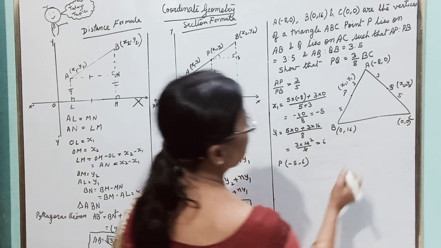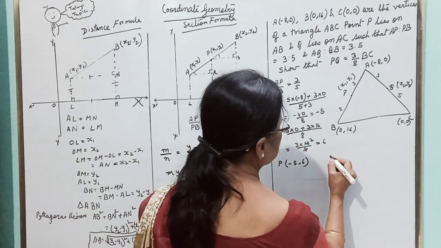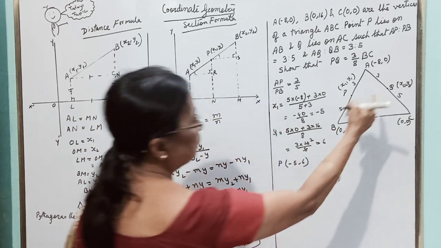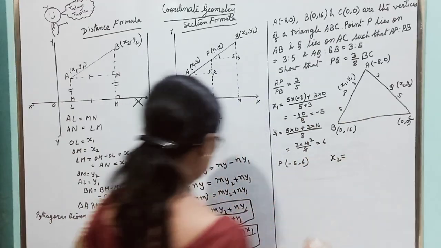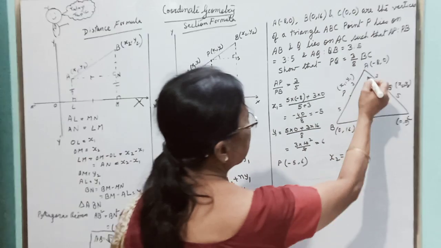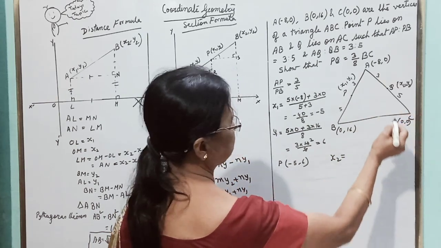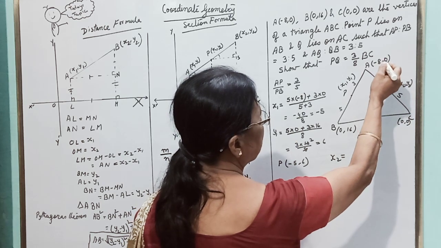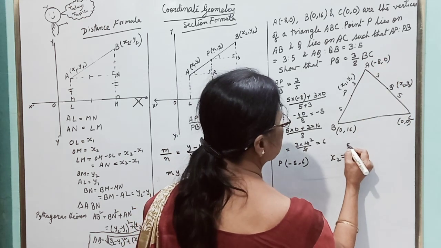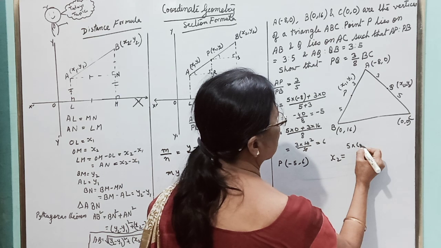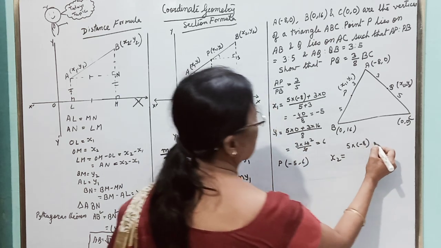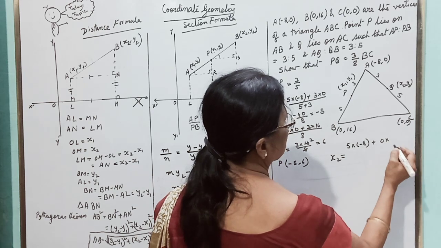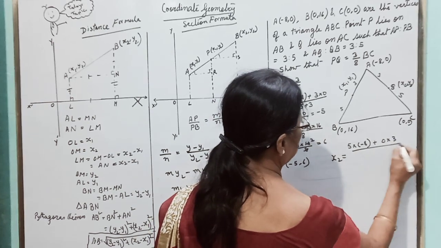What is the coordinate of Q? Let us find the coordinate of Q. So x2 will be equal to m into x2, 5 into minus 8 plus 0 into 3, divided by 8.